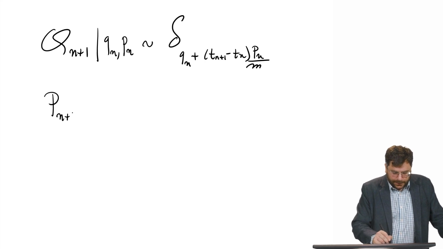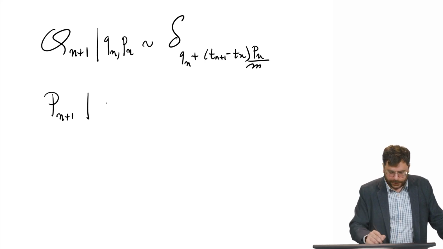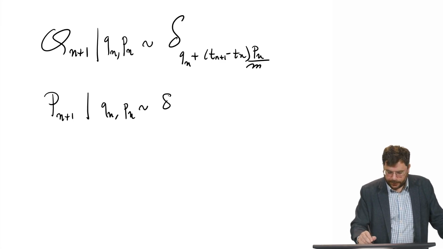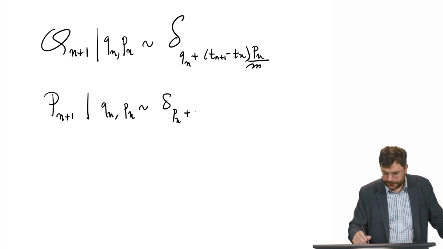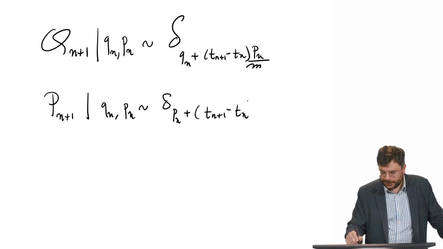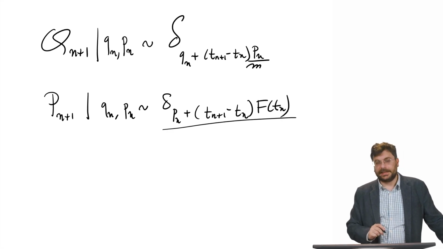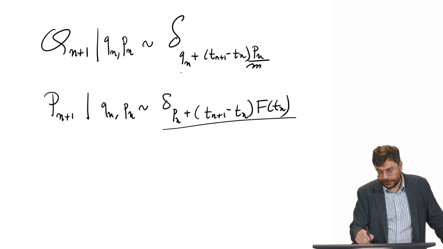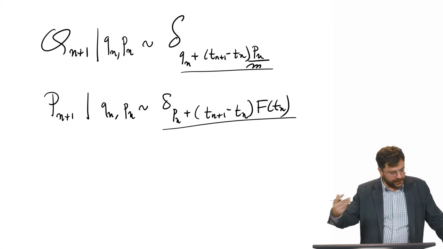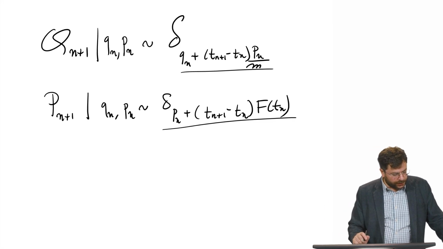Similarly, the momentum is drawn from another delta function, Pn plus Tn plus 1 minus Tn times f of Tn. So this delta function is centered at a different point than the other delta function, but they're both delta functions because the dynamics are deterministic.